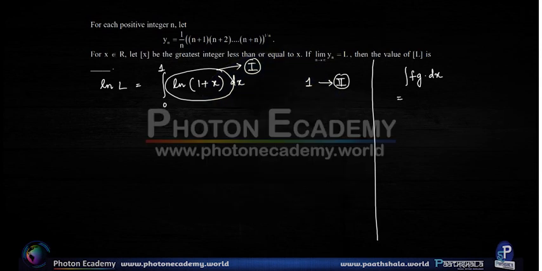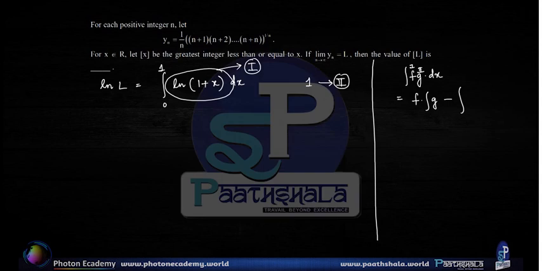If we consider f as the first function and g as the second function, then this is equal to first function into integration of second function, minus integration of differentiation of first into integration of second.